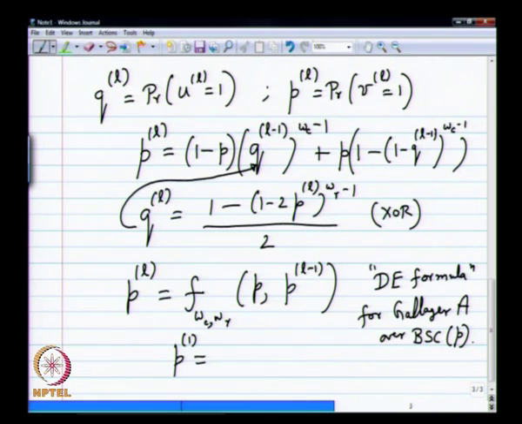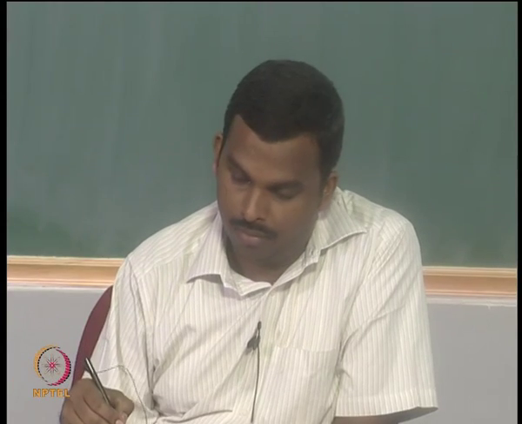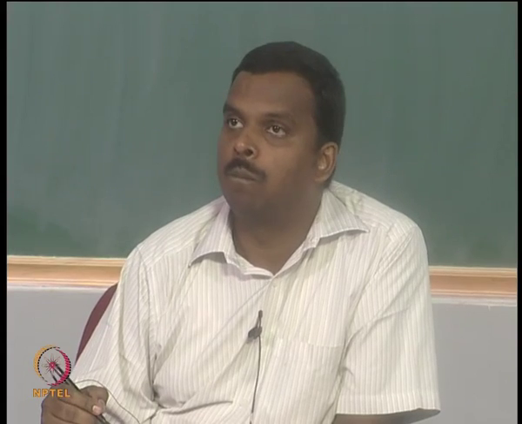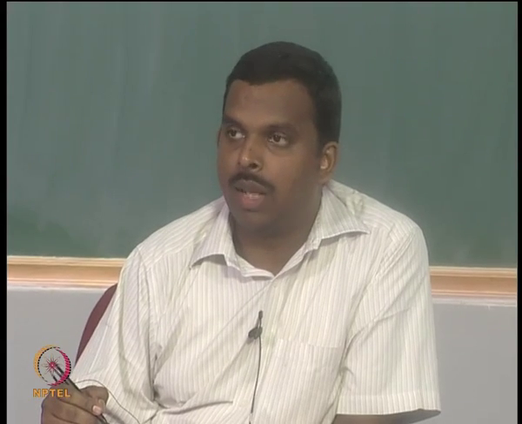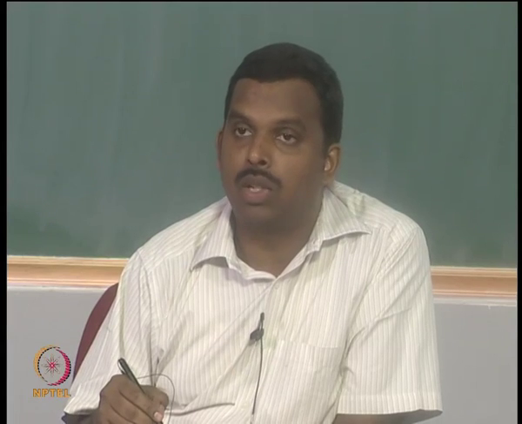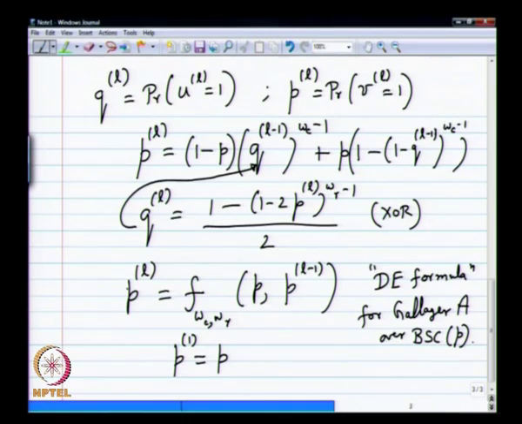What is the probability that Ri is 1? P. So, it is equal to P. That is the starting point. You plug it in and keep repeating this, and you will get the probability that VL equals 1 in the Lth iteration. Is that okay? So, this is the density evolution formula for the Gallagher A decoding algorithm over BSC for the WC, WR regular LDPC codes.